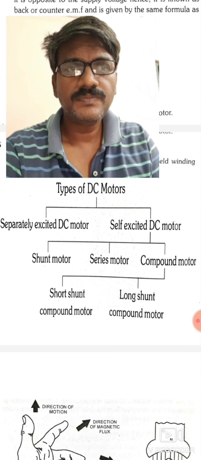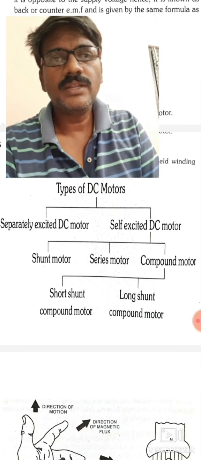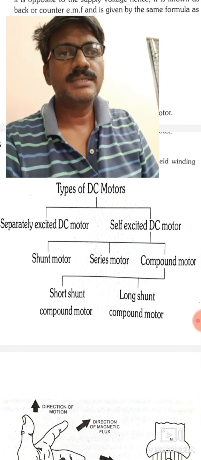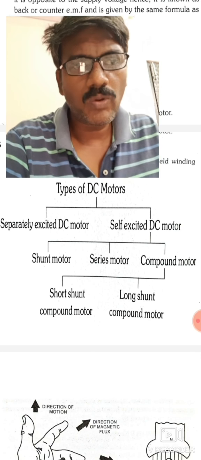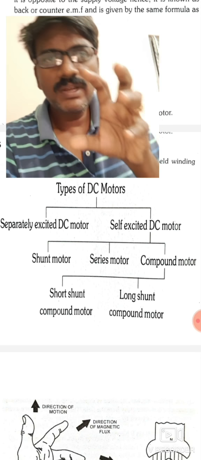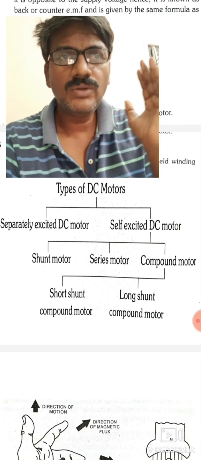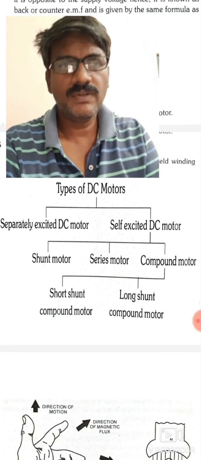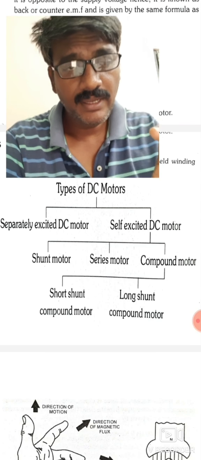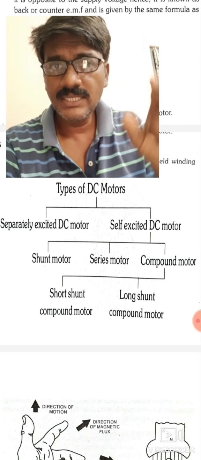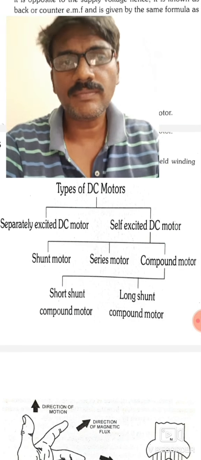Self-excited means some part of the current is used by the DC motor itself, that is shunt motor, series motor, compound motor. If the field winding is connected parallel to the armature winding, that is called a shunt motor. If the field and armature windings are connected in series, that is called a series motor.